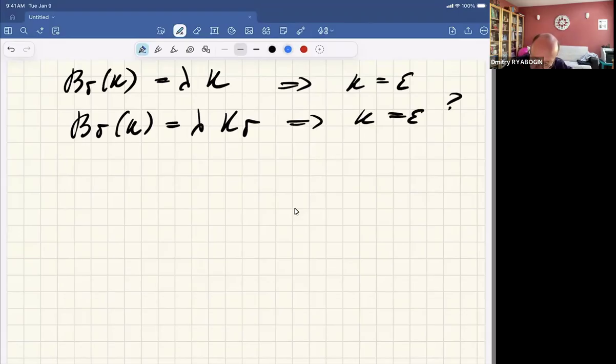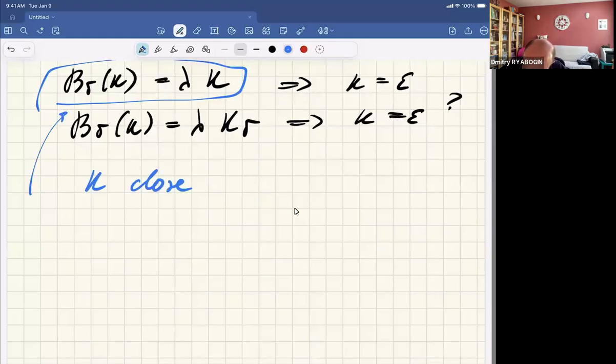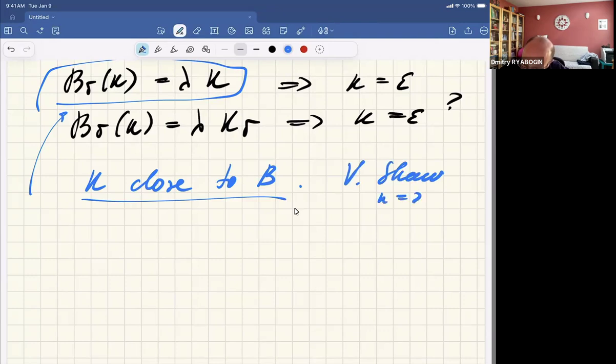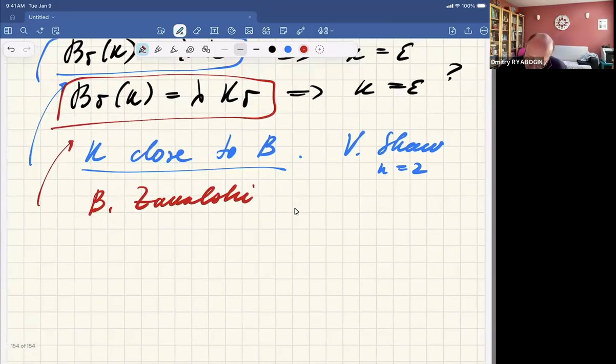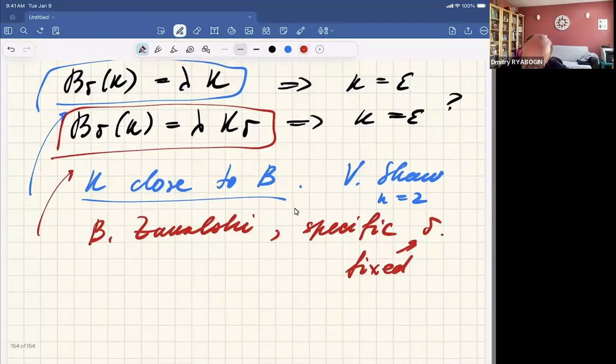This was done recently on the plane for K close to the Euclidean ball by my student Vincent Shaw. And there is an absolutely astonishing proof by Bartek Zawalski. He proved it recently only for very specific delta, but fixed. So we fix delta, and he showed that the answer is yes in both cases.